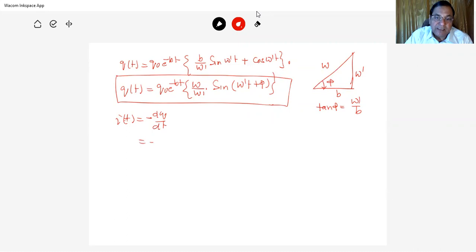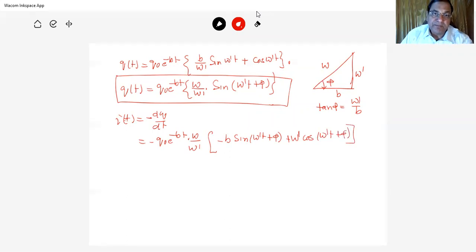So this is minus Q0 e raised to the power minus BT, omega upon omega dash, minus B sin omega dash T plus phi plus omega dash cos omega dash T plus phi, and then simplifying, we have Q0 e raised to the power minus BT, omega square by omega dash, into sin omega dash T. This is IT.